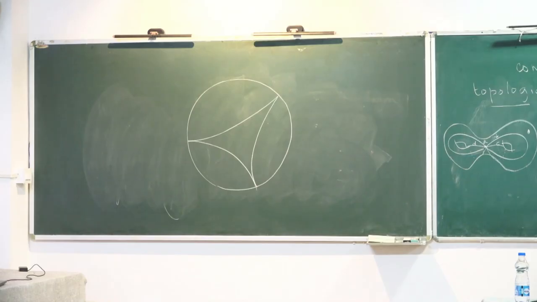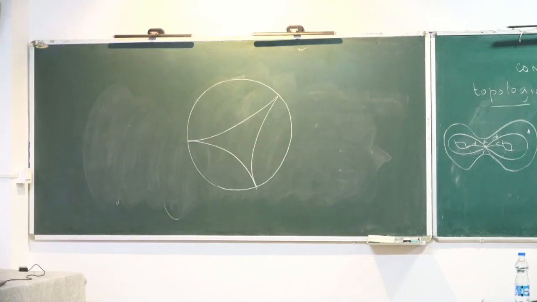This formula, for what I say, will not work. So this is always for genus g greater than 2. It works for genus 1, and I'm not sure for genus 0.